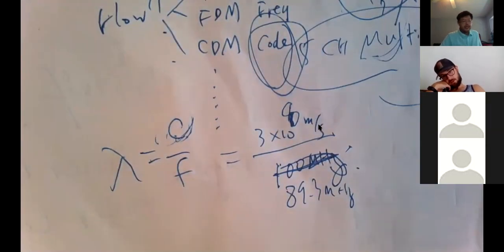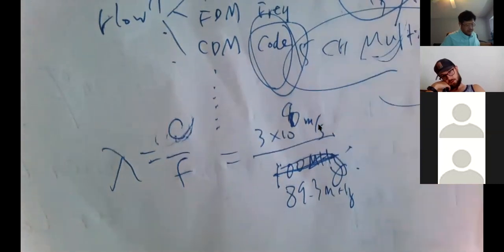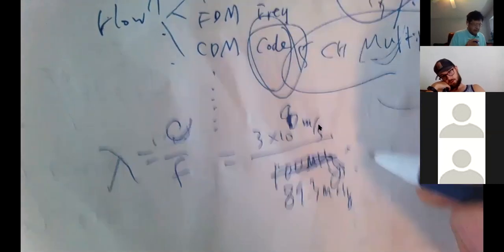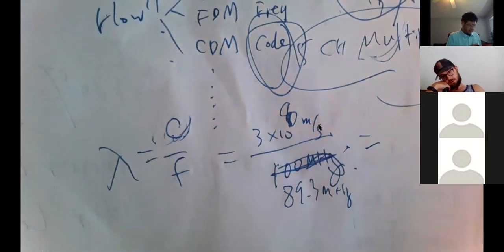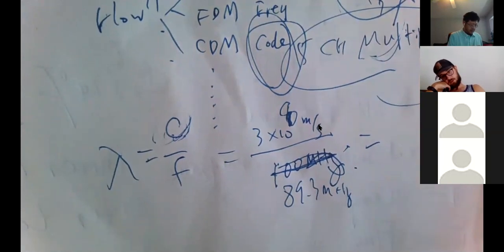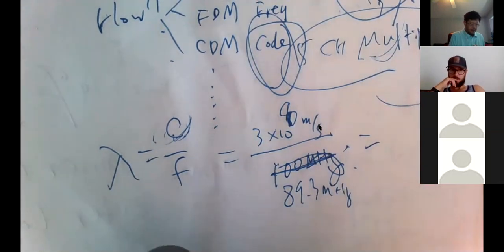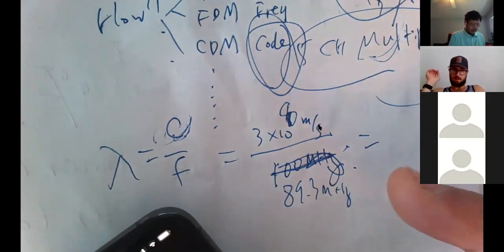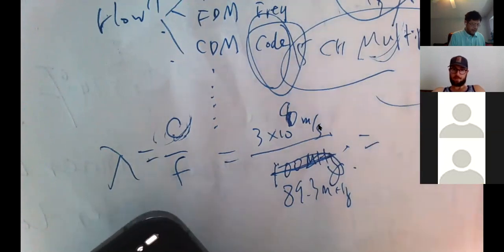So what will be the lambda? I will do 300 divided by 89.3.